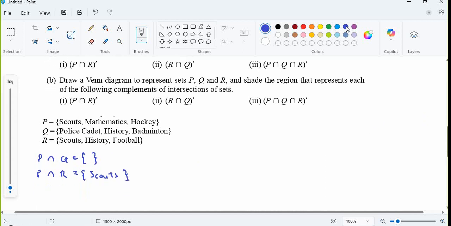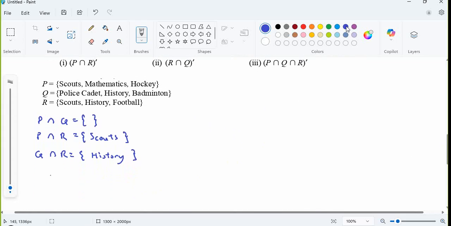And then Q intersect with R, Cadet doesn't have history, so history only. So the intersection of all three sets is the empty set.